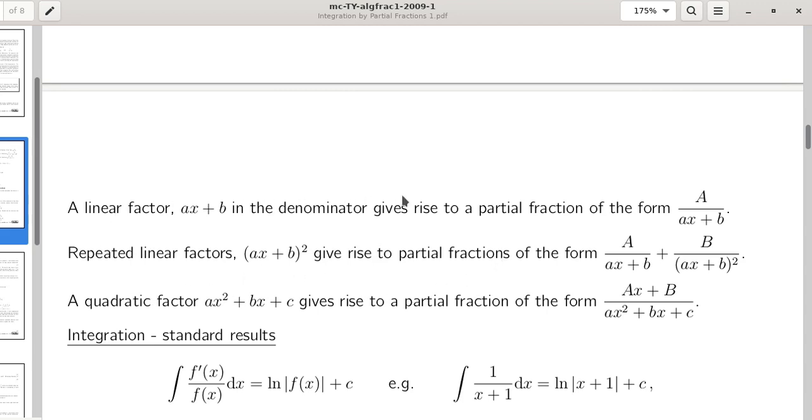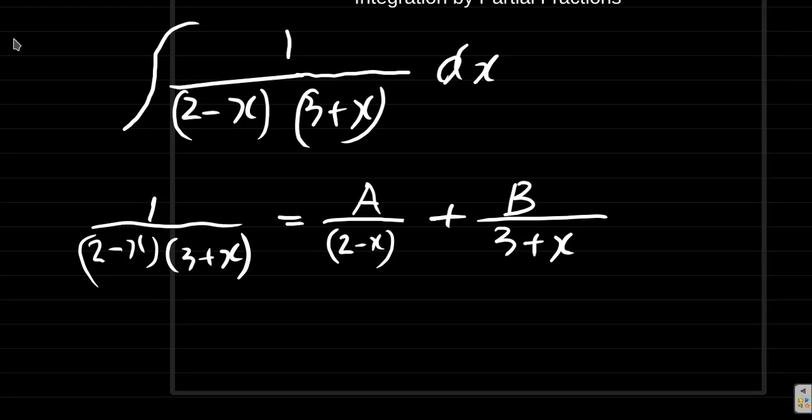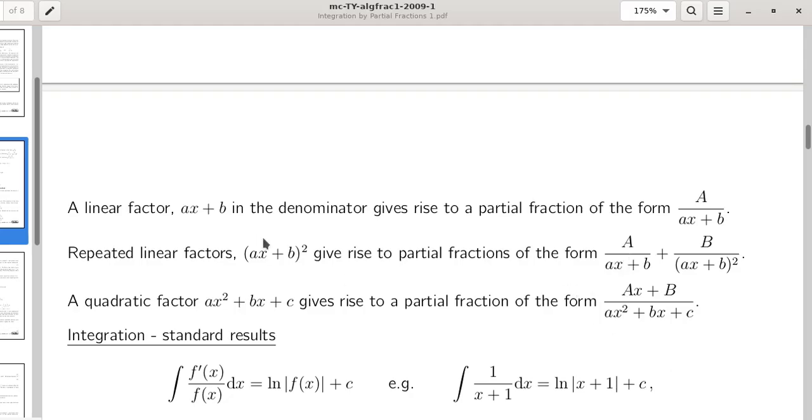It shows the standard formats. A linear factor ax plus b in the denominator, like in these cases, right? This is 1x plus 3. This would be like negative 1x plus 2, although they put the number in front of the x. It's the same as negative x plus 2. But anyway, it will give a form a over ax plus b.